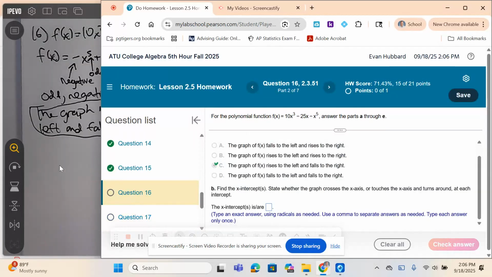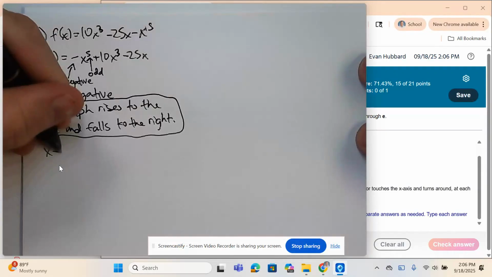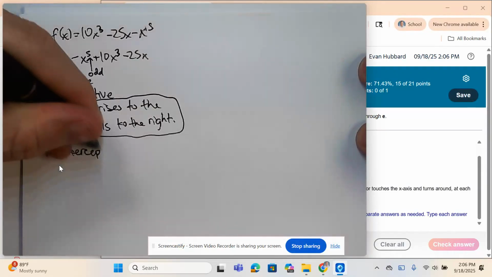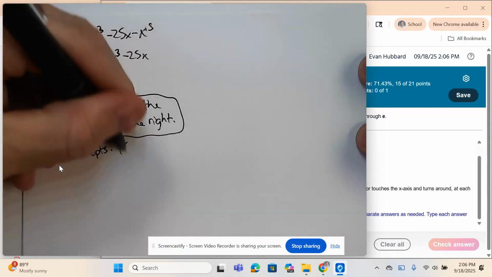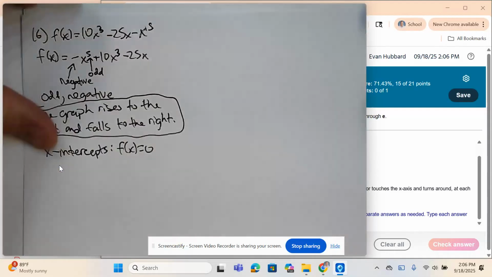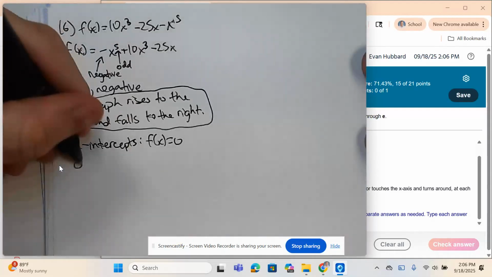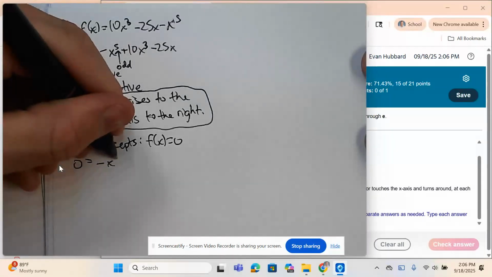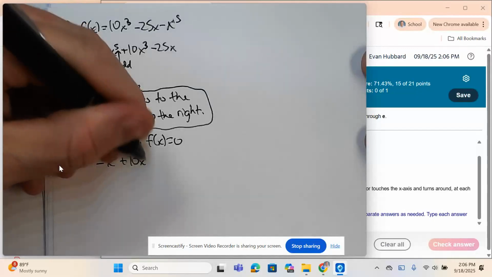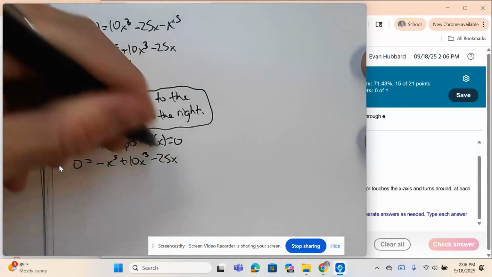All right, find the x-intercepts. So for x-intercept, make f of x equals 0. So 0 equals negative x to the fifth plus 10x cubed minus 25x.